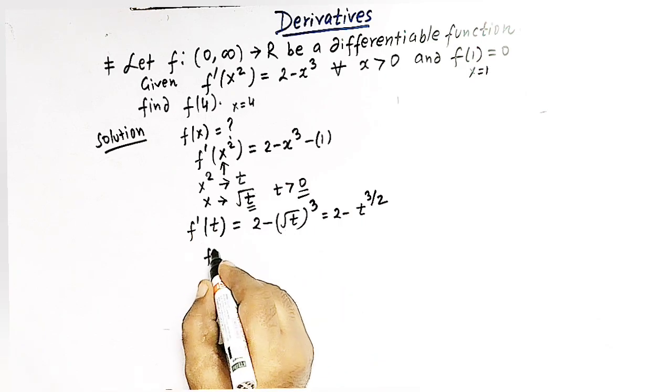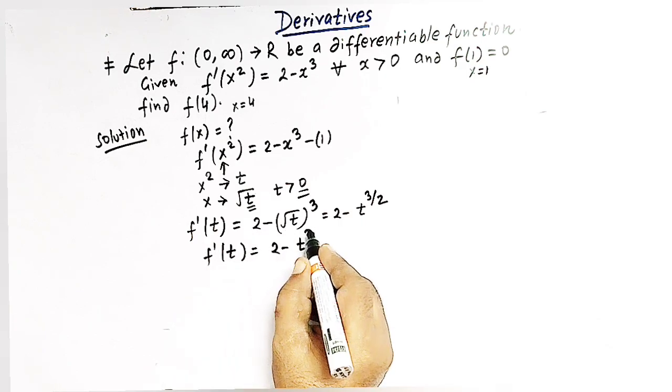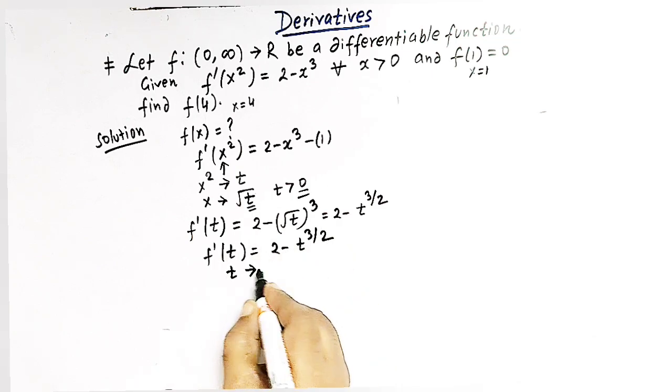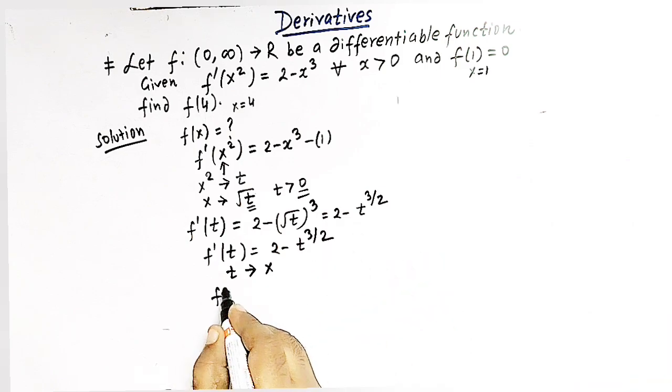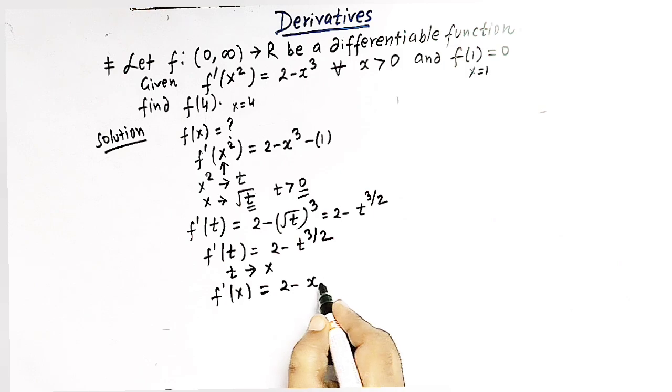So now we have f prime of t is equal to 2 minus t raised to 3 by 2, and again replacing this t by x, because this is a dummy variable, we can now write f prime of x is equal to 2 minus x raised to 3 by 2, right?